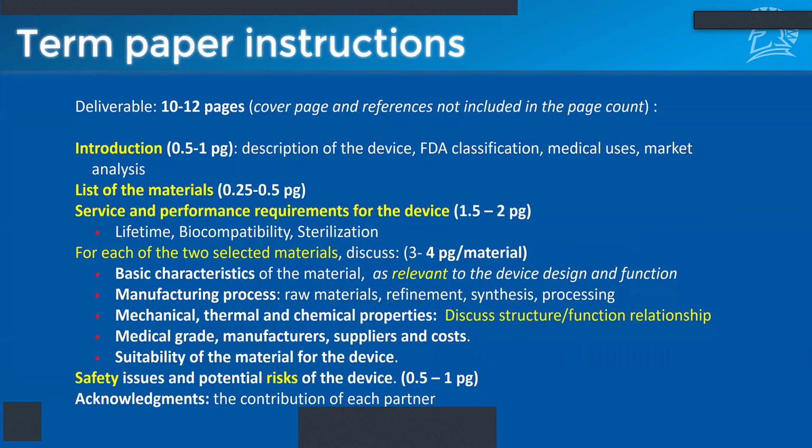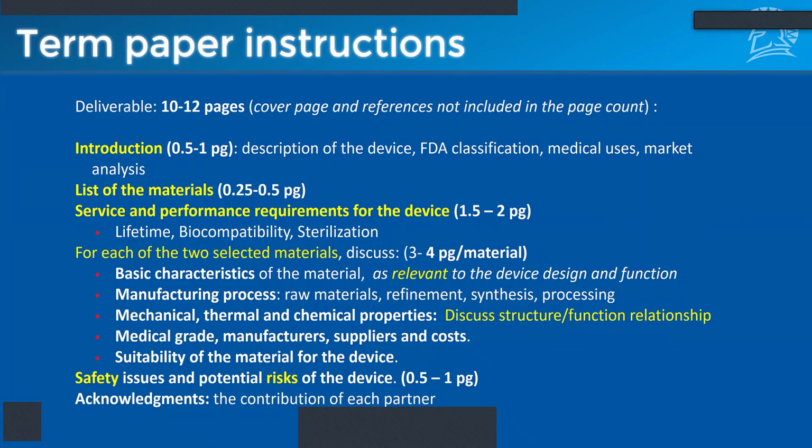You don't need to tell me all of this information for your material, because that's just going to take up valuable space in your paper. Like I said, I think you're probably going to want to cut down the information you have to get under the page limit rather than struggling to meet it. So just tell me the characteristics of your material that are interesting or that are relevant to the function you're describing, relevant to the device that they're a part of.